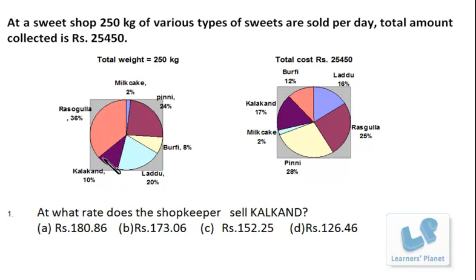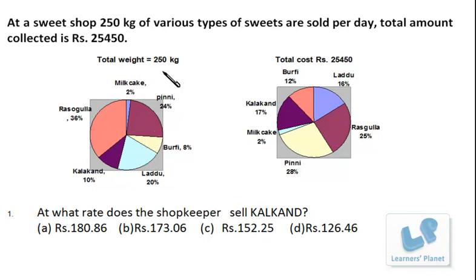Now what exactly is this data showing? See, out of total weight 250 kilogram, 2% was milk cake, 24% was pinni, 8% was burfi, laddu was 20%, kalakand was 10%, and rasgulla was 36%, right? The total of all this is 250 kilogram.